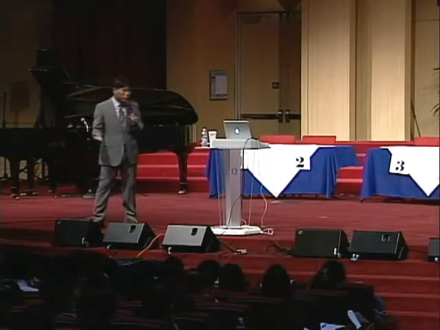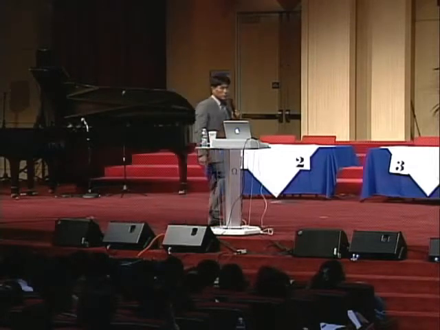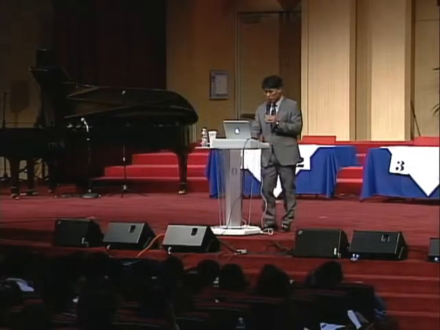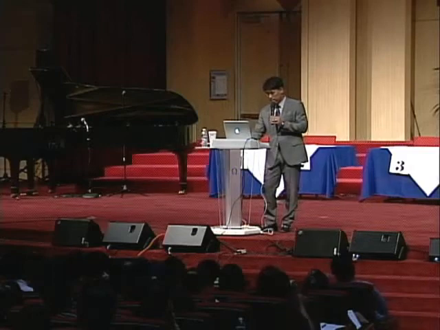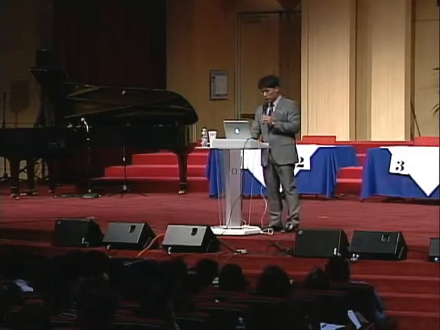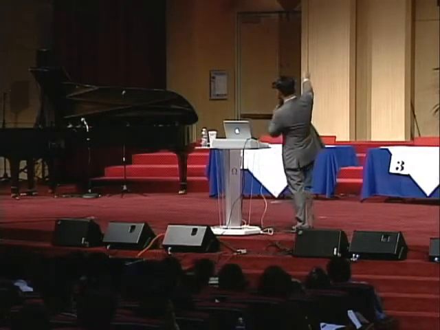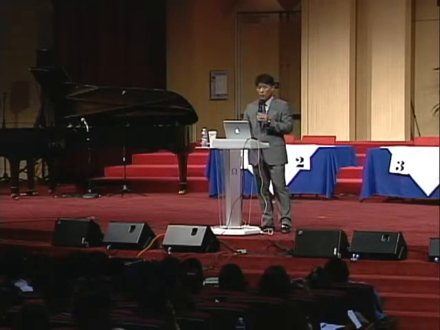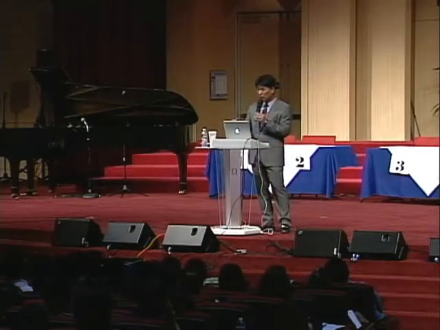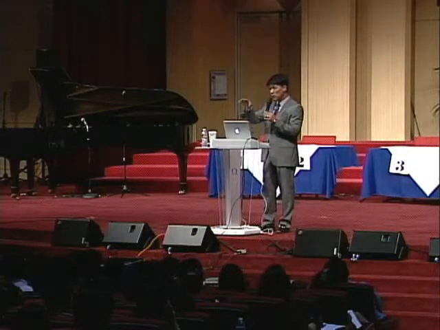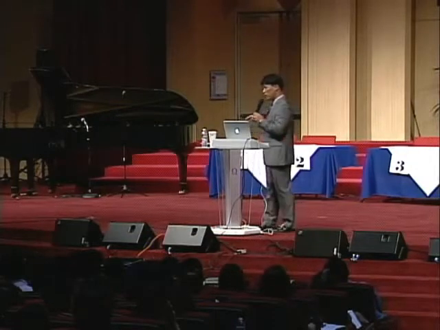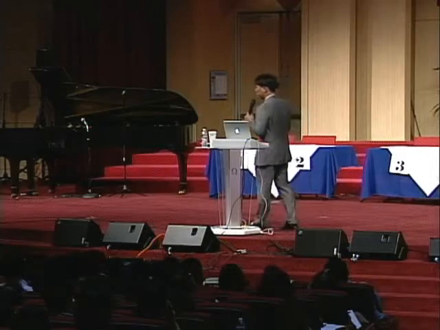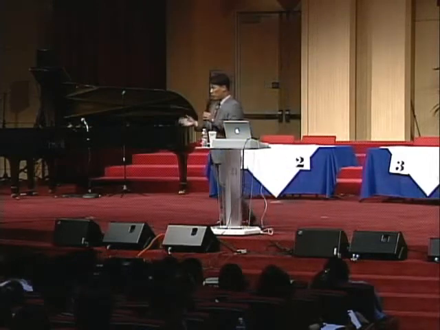So when it comes time for your application, this is what you're going to do. You're basically going to put your high school's name first, and then whatever college you went to will go in second. So you'll list everything. And whatever colleges you apply to will require that you send transcripts from both of those entities.